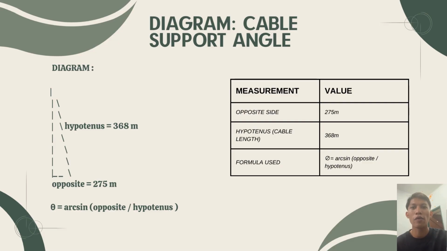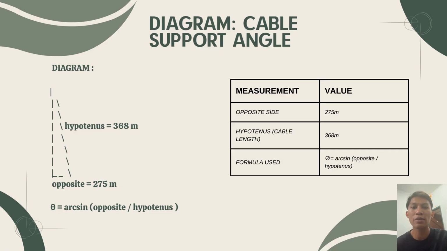On this slide, we have the diagram of calculating the cable support angle. The opposite side of the triangle, which represents the vertical height, is 275 meters. The cable length, which is the hypotenuse, is 368 meters.